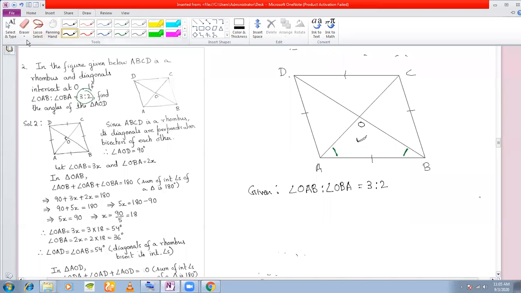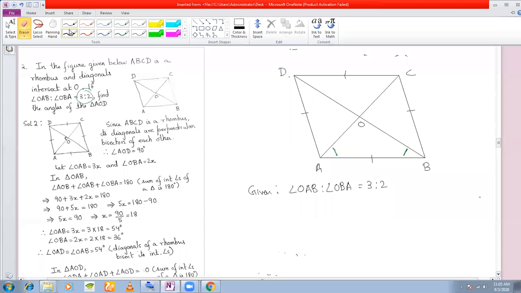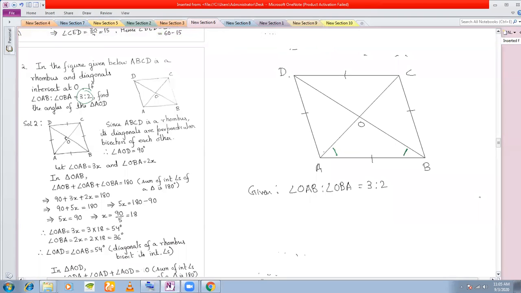Let us see how to find. This is a fairly easy problem compared to the last one. Since the ratio of these two angles is given as 3:2, OAB is to OBA, let's take this angle as 3x and this angle as 2x.